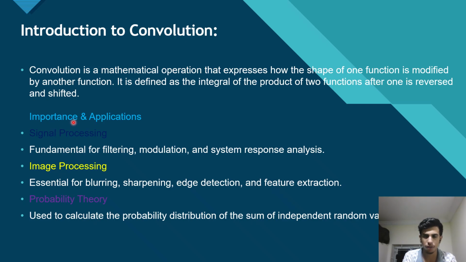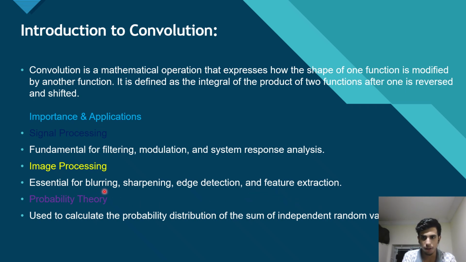Importance and applications of convolution. We use it in signal processing, image processing, and probability theory. In signal processing, it is fundamental for filtering, modulation, and system response analysis. In image processing, it is essential for blurring, sharpening, edge detection, and feature extraction.